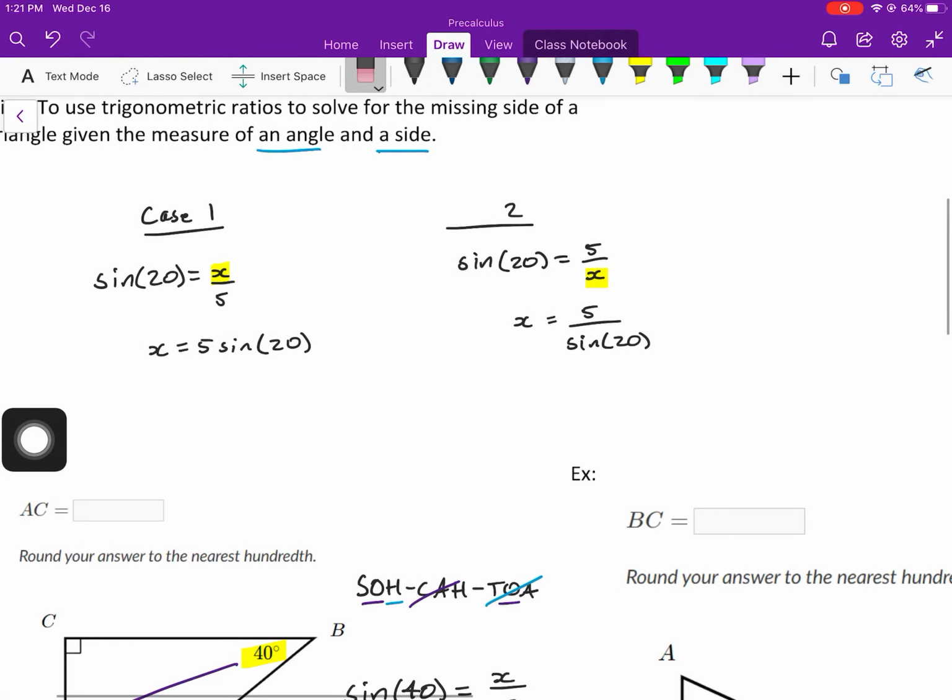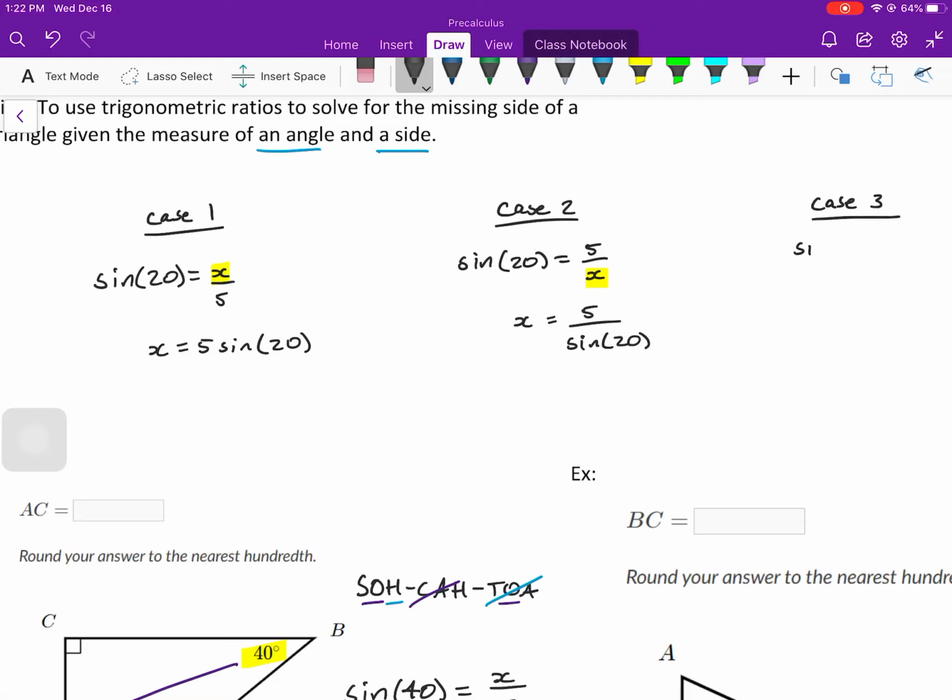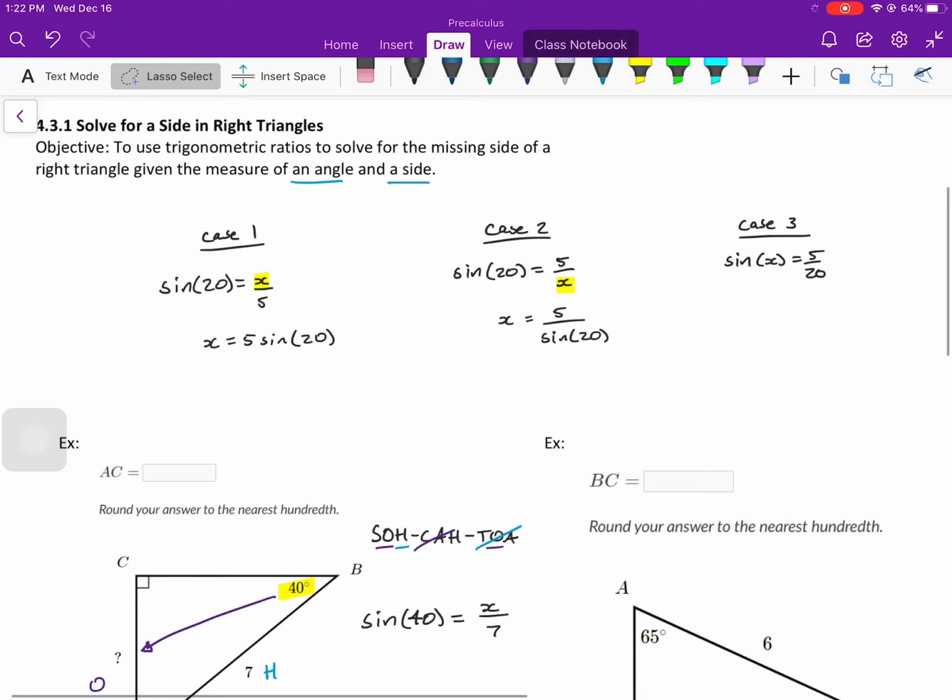So that's what we do if you end up in that situation. So that'll be case 2. And case 3 is what happens if x ends up inside, and we'll talk about that in the next section.